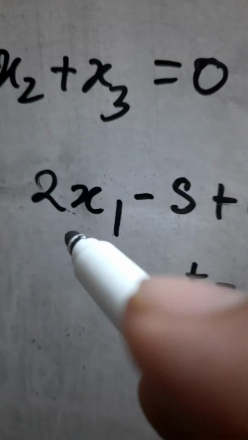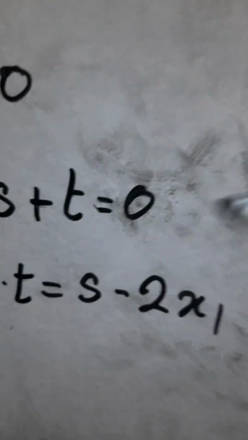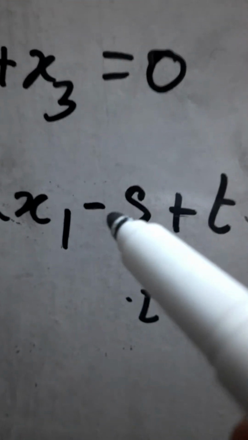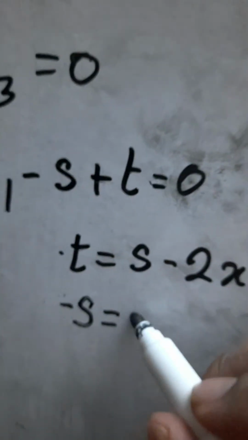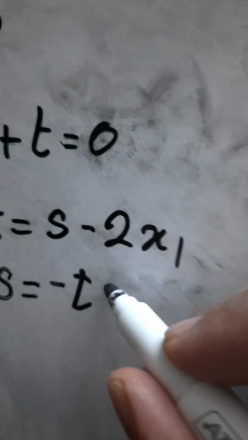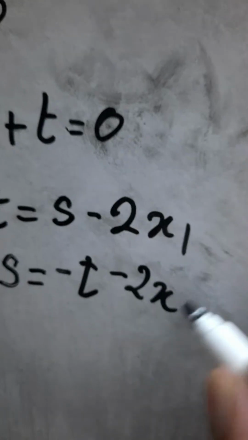Minus s, change the sign, plus s. So, s plus s minus 2x1. Okay. And minus s is equal to, same logic, t goes there, minus t, 2x1 goes, minus 2x1.